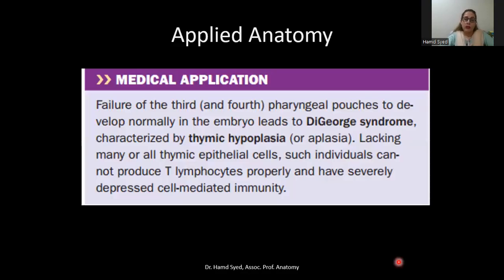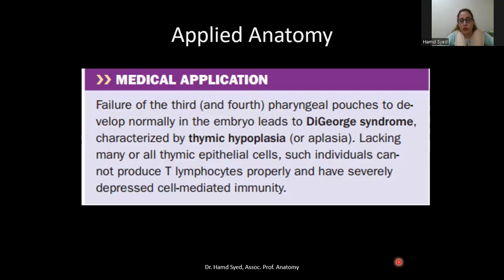Okay, so this concludes the description of the histology and the function of the thymus. Medically, there is a condition that I would like you to be familiar with, that is the congenital condition known as DiGeorge syndrome. This occurs due to failure of the third and fourth pharyngeal pouches to develop normally within the embryo.